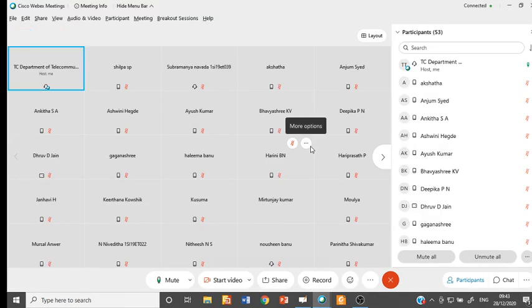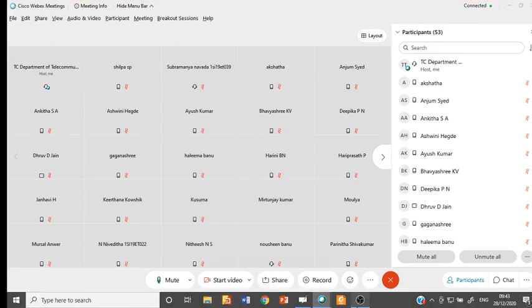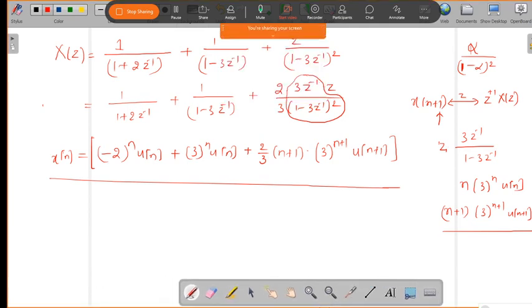If you have multiple poles, now try to do this one. Take this problem and try to solve it.